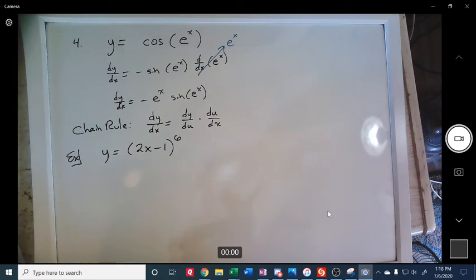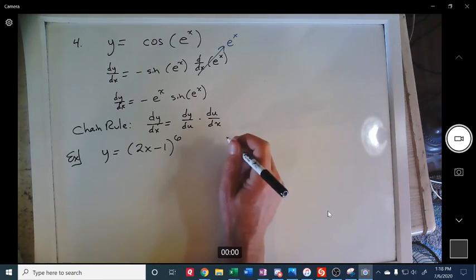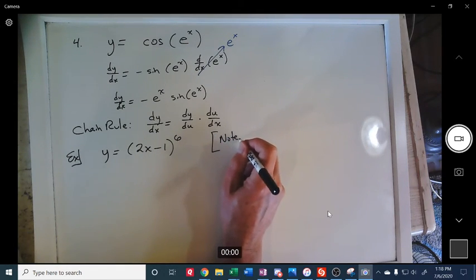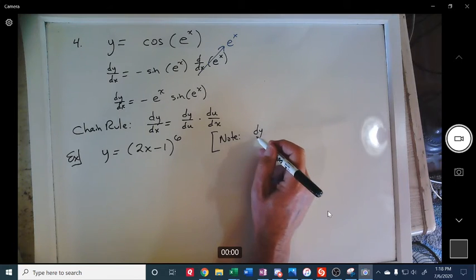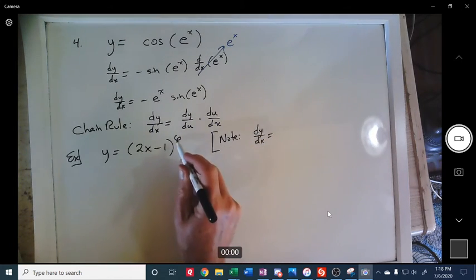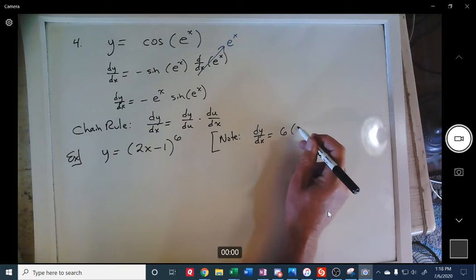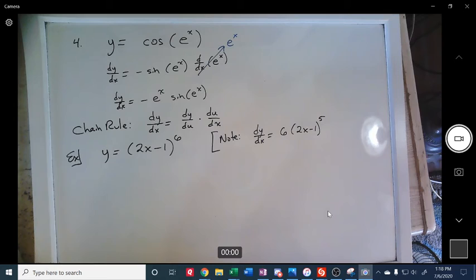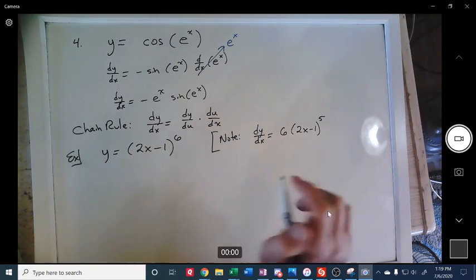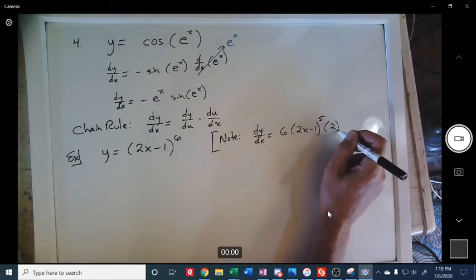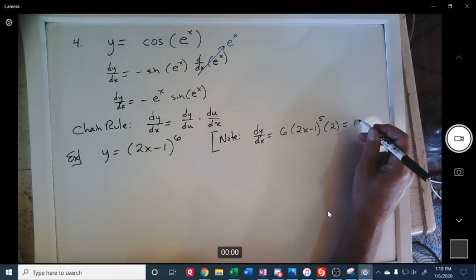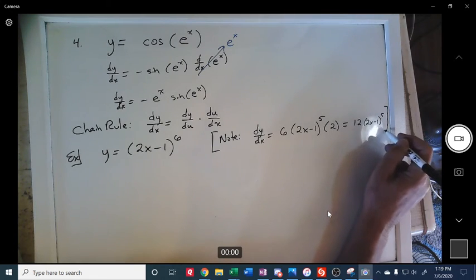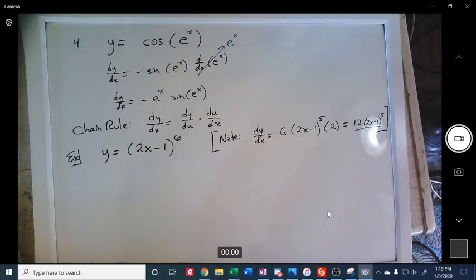Now, the way we just learned it, dy dx is 6 times 2x minus 1 to the 5th times the derivative of what's left over, which would give us an extra 2, which is going to give you 12 times 2x minus 1 to the 5th. Now, there is the answer.